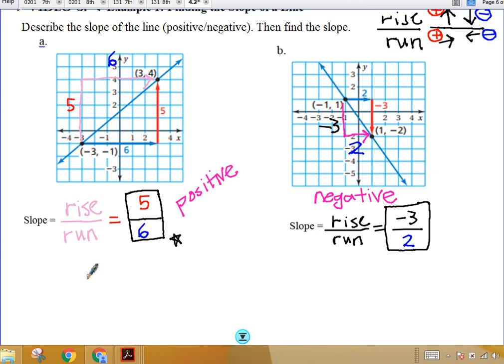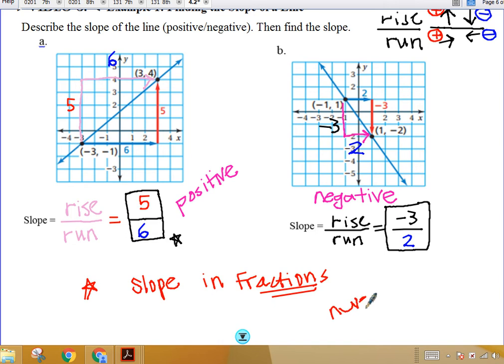Okay, a couple things I want to make note of is that you never want to make your slope a decimal. Don't ever make your slope a decimal. You always want to have it in fractions or whole numbers.